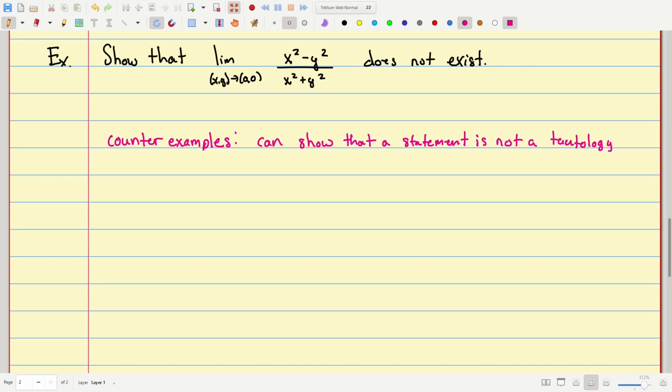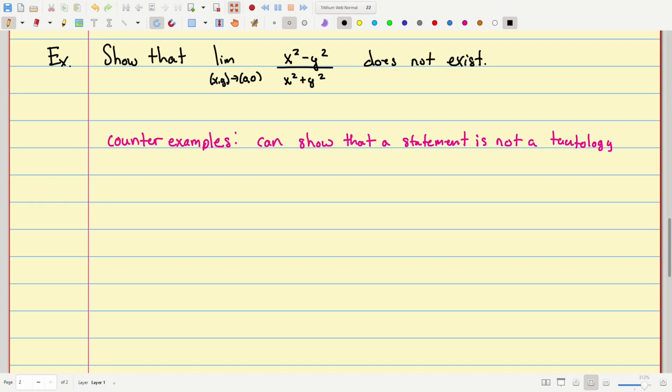That's why the instructions on the exam said explain why it's true or give a reason or an example why it's false. That example in this sense would be a counterexample. It's much easier to prove that a limit doesn't exist than that a limit exists and is equal to a particular value, which is what the rest of the examples that we're going to be working on today are going to be about.